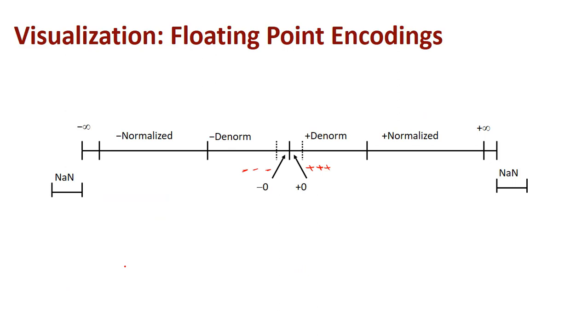Okay, the visual representation is very simple. This is a number line. Here we have the denormalized form. First of all, if we want to represent a zero, either positive or negative, we must use the denormalized form. Secondly, if we want to represent a number which is not zero but very close to zero, either from the negative side or the positive side, again we use the denormalized form.